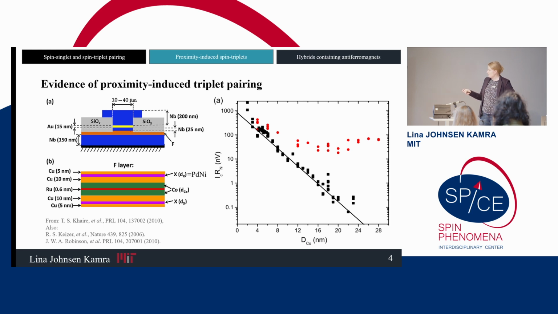When they considered the critical current as a function of the thickness of the cobalt layer, for these black dots, you have a very rapid decay of the critical current as you increase the thickness of the cobalt layer. This is in the absence of the palladium-nickel layers and in the absence of any misalignment. While if you have the misalignment, this critical current survives to very thick cobalt layers.